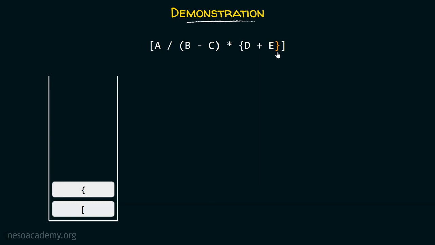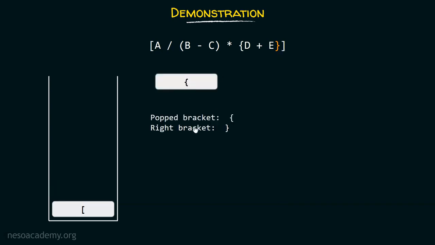Now what to do with this? Of course, we have to pop the current topmost element from the stack, and we must compare this bracket with this bracket. Here you can see this, that popped bracket is a curly bracket and right bracket is also curly bracket. Therefore, they are matching. There is no doubt about this. Hence, we can say this, that there is no problem and we can continue.